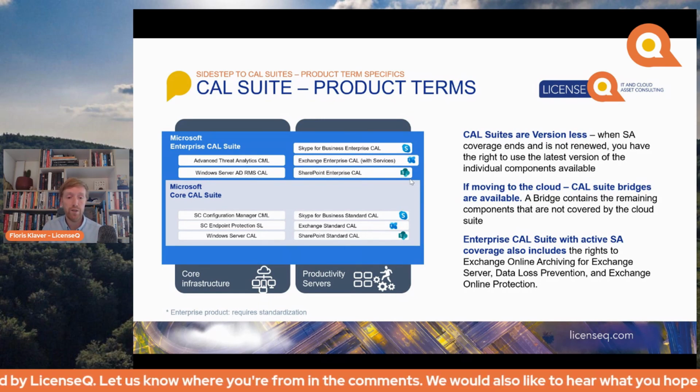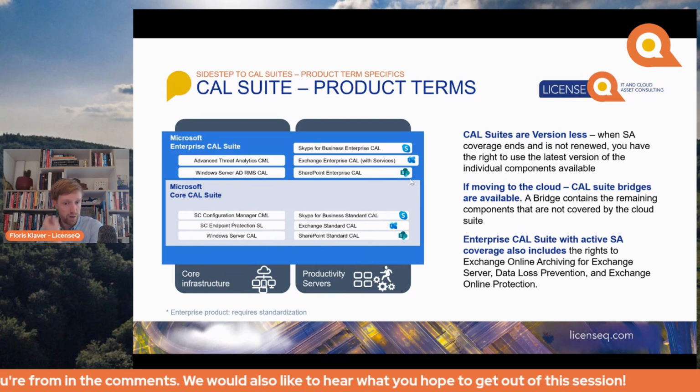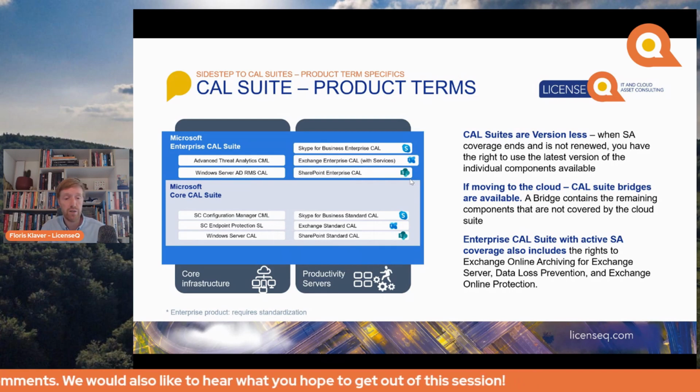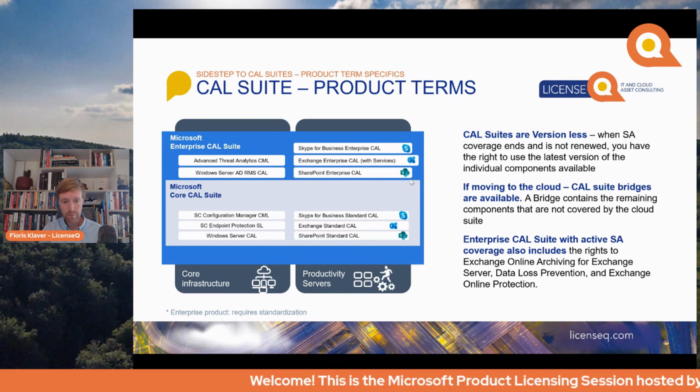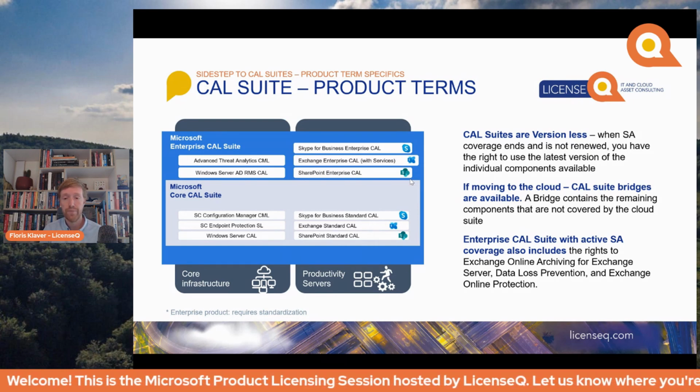So if you buy E3, you get the right to access an Exchange environment, a SharePoint environment, and a Skype for Business environment, but you lose the right for Windows Server and System Center. Well, you can buy a CAL suite Bridge that holds these rights for Windows Server and System Center.